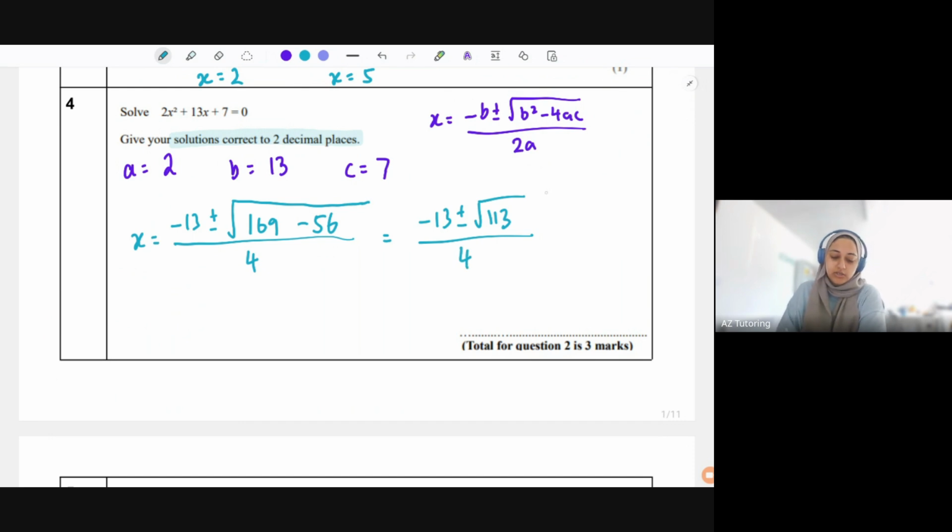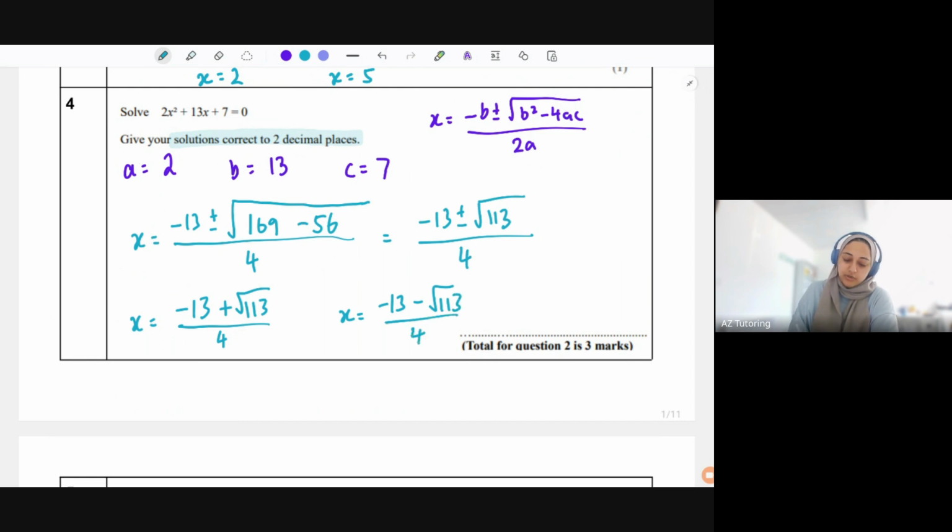It says give your solutions correct to two decimal places. So in my calculator, I'm going to put in x equals minus 13 plus root 113 over 4, and I'm also going to put in x equals minus 13 minus root 113 over 4.